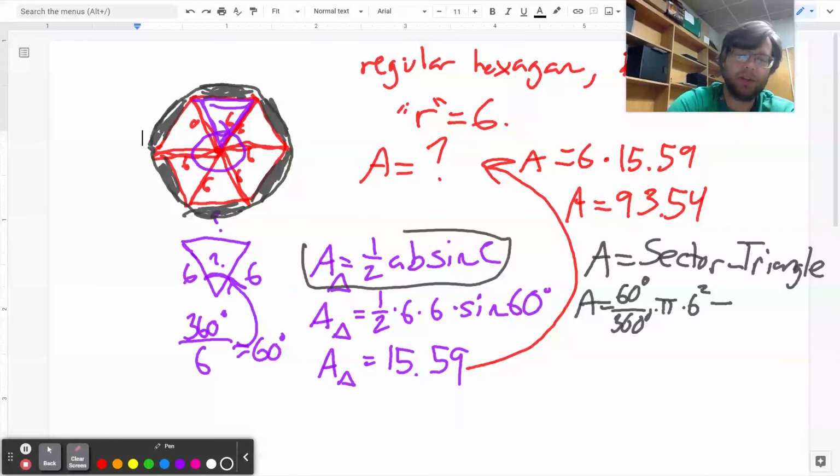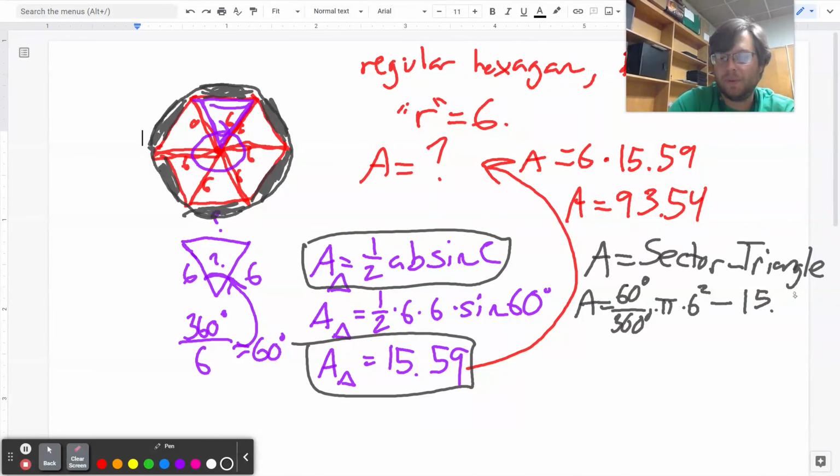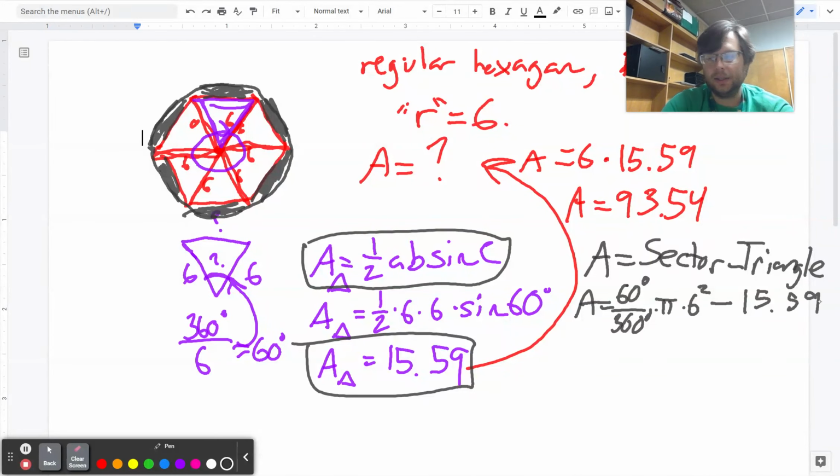We got that already, 15.59. I'll calculate it in two pieces: 60 divided by 360 times pi times 6 times 6.